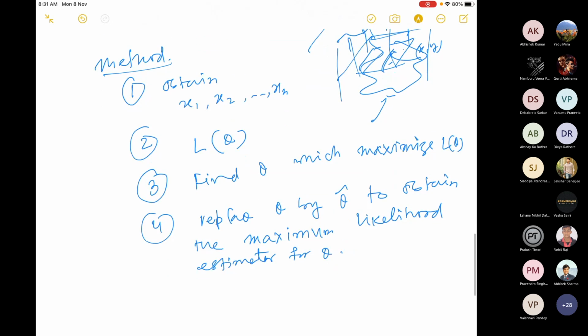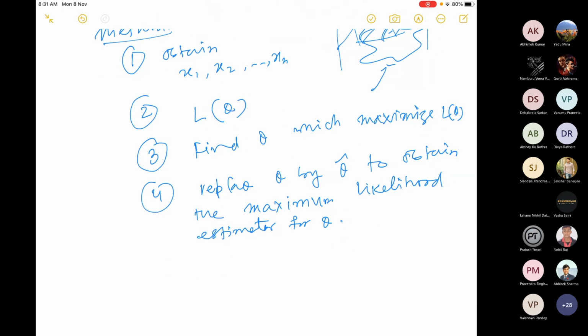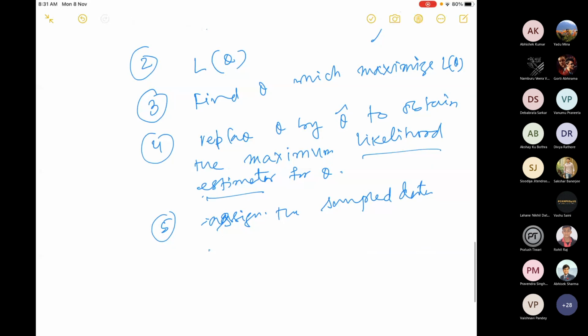After you find the statistic, the estimator, you can put in the sample data, assign the observed values or the sample data to the estimator, and find the estimate of the value of theta. So assign the sample data into the estimator. This is how the method goes.